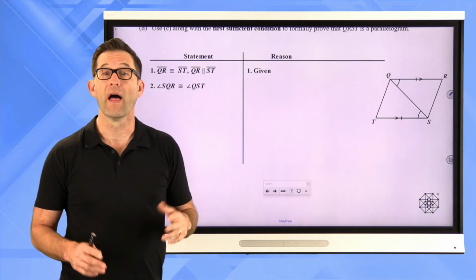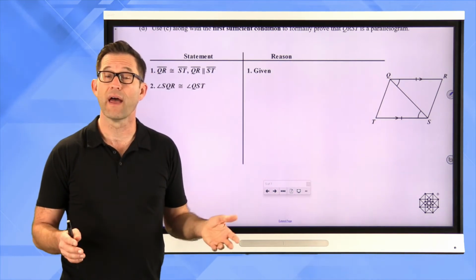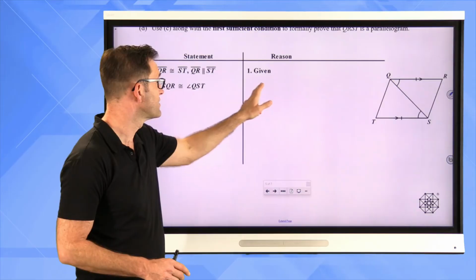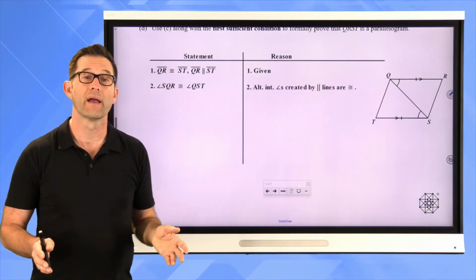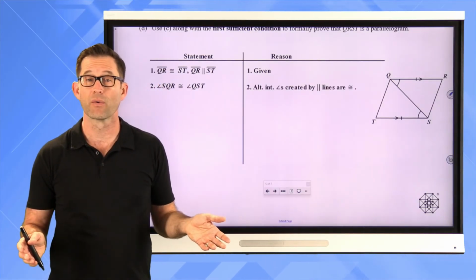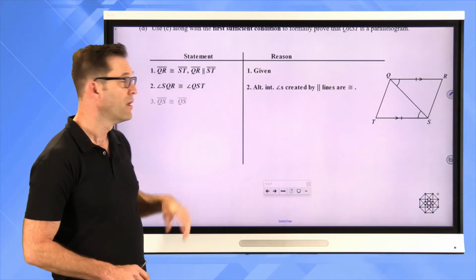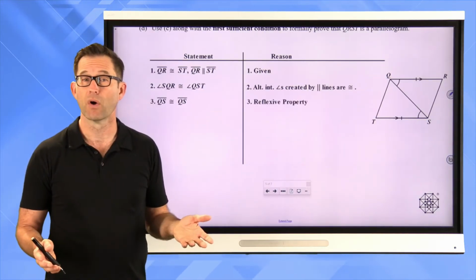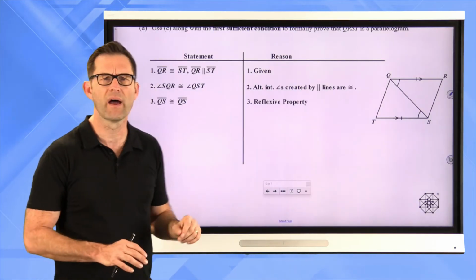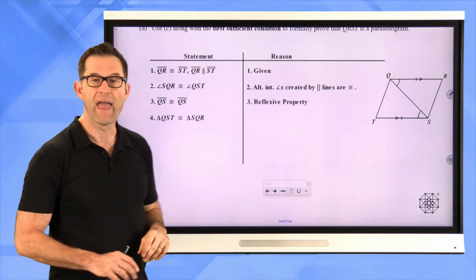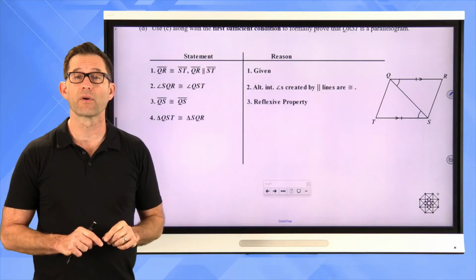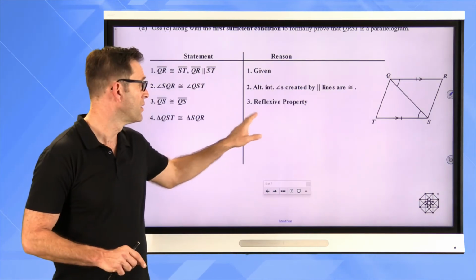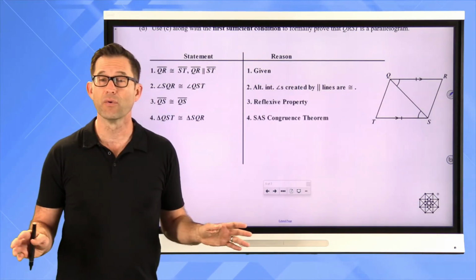Now we have angle SQR is congruent to angle QST. That's our alternate interior angles created by parallel lines are congruent. Simple enough. QS is congruent to QS by the reflexive property. All right, this is all just what we kind of outlined in letter B. And triangle QST is congruent to triangle SQR by the side angle side congruence theorem.